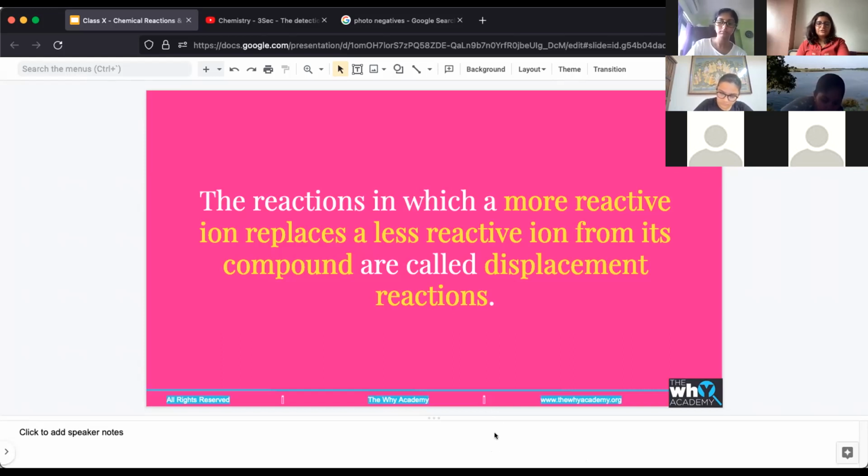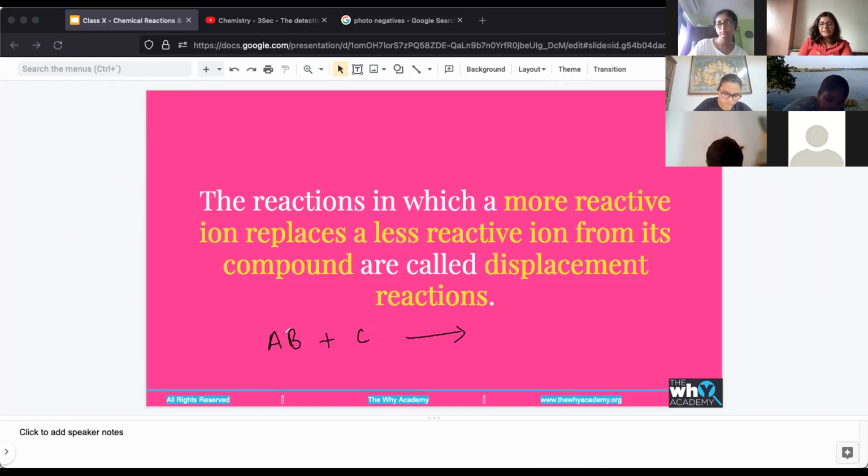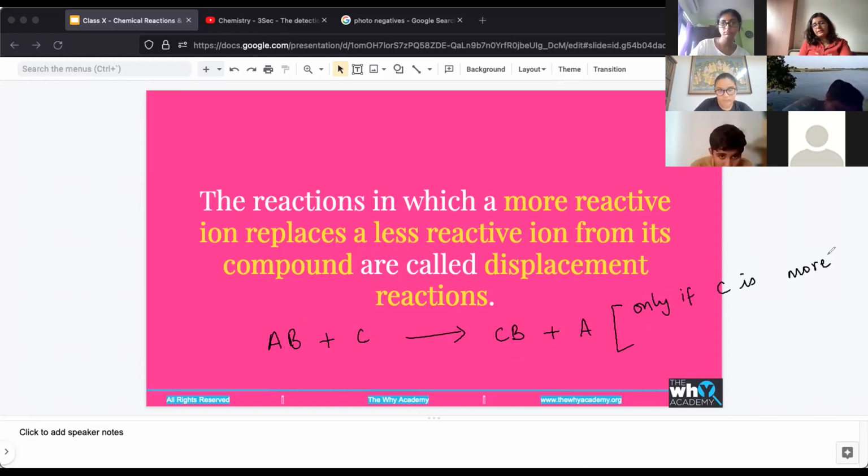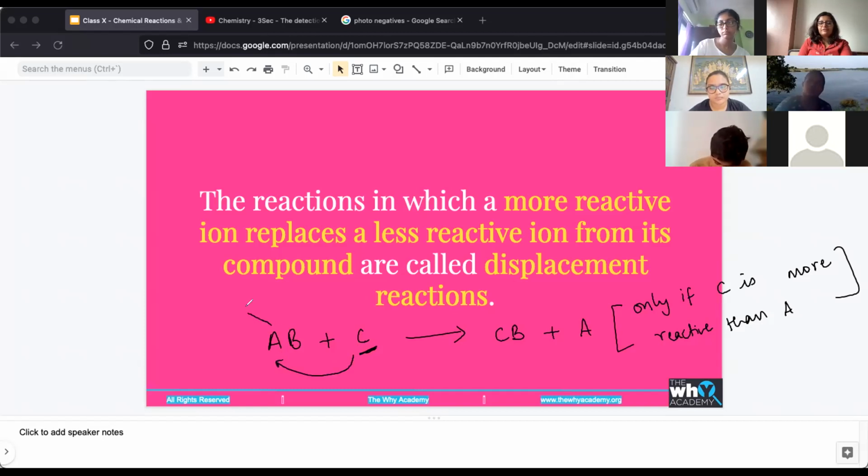It usually follows this format: if you have AB plus C, it gives CB plus A. And this will happen only if C is more reactive than A. If C is more reactive than A, it is capable of kicking A out from the compound.